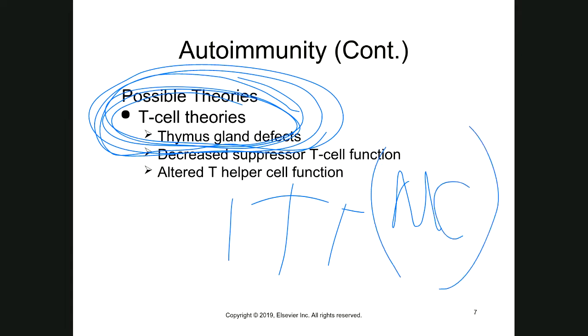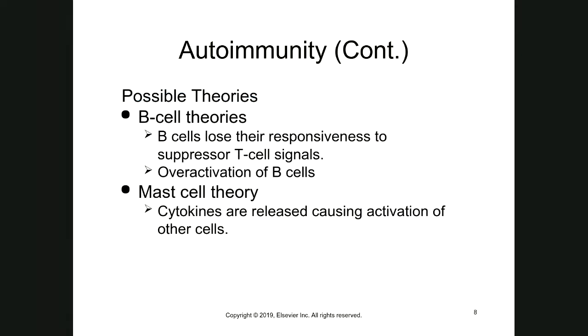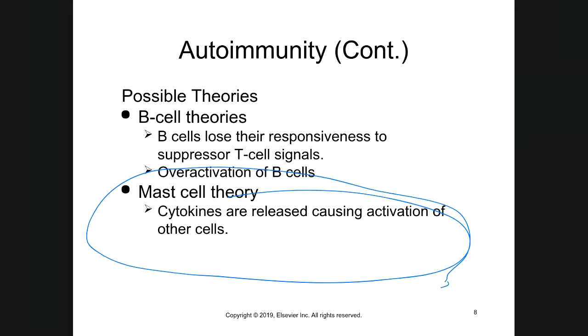Possible theories of the B cells. Pay attention just to this one. I have over here a true or false this time. As you see over there, I did a final cut. In some classes, I was removing some of the slides. I decided to put it back to make sure I have all the questions for all the different tests.